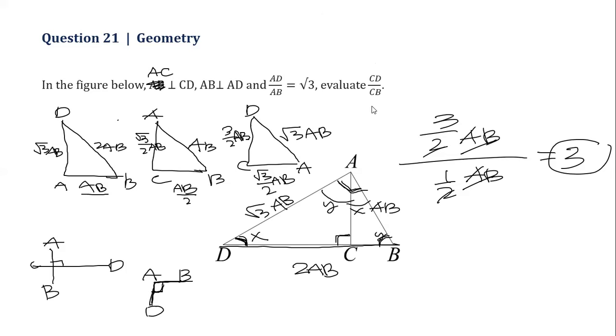Any questions? Disha, in the figure, CD, CB or CD, which one is 2AB, Disha? Which one is AB? Disha, this one. 2AB is for BD.